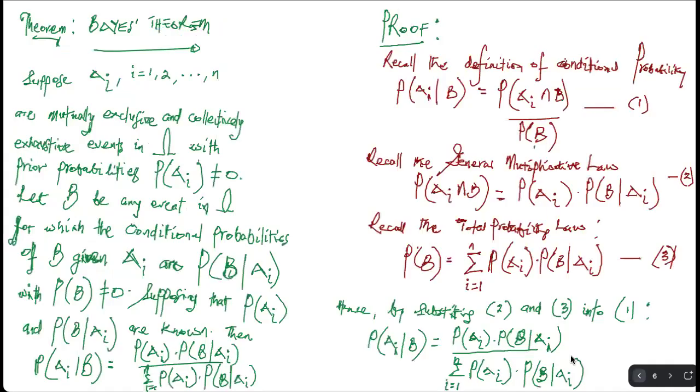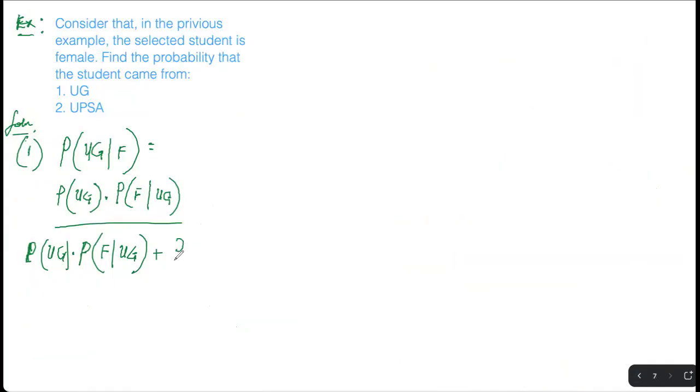So the first partition is the probability of UG multiplying the probability of F given UG, and then the probability of UPSA multiplying the probability of F given UPSA.